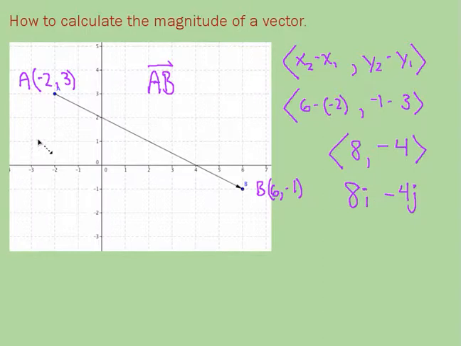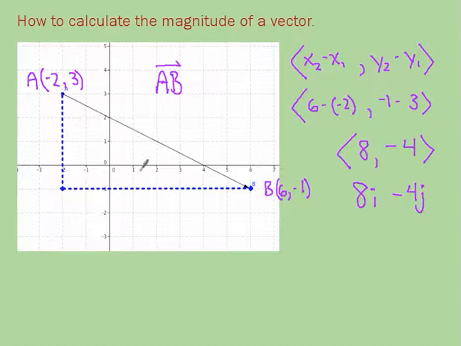Now that we have our vector written in either component form or unit vector form, I can start to talk about how to calculate the magnitude. Again, magnitude just refers to the size of that vector. We can think about this by writing the vertical component and horizontal component, thereby creating a right triangle. To find the magnitude of this vector, which is the hypotenuse of this right triangle, I'm just going to use the Pythagorean theorem.